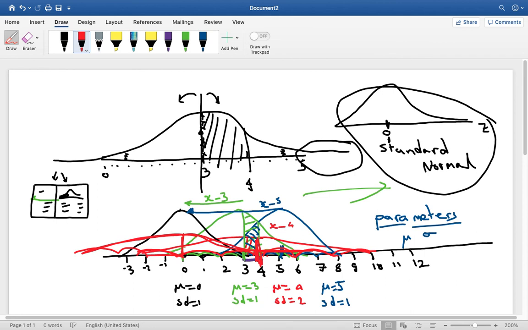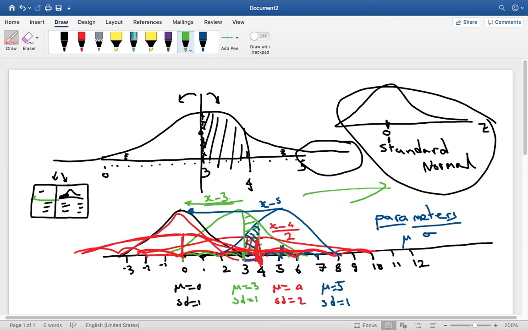So I need to reduce the spread. I need to reduce the standard deviation. And the way I do that is by dividing this value by the standard deviation. I need to get the spread equal to 1. If the spread is equal to 2, all I have to do is divide by the spread. So if I divide by 2, it's going to have the impact of actually squashing this curve up to be that. So basically, let me go back and readjust this formula.